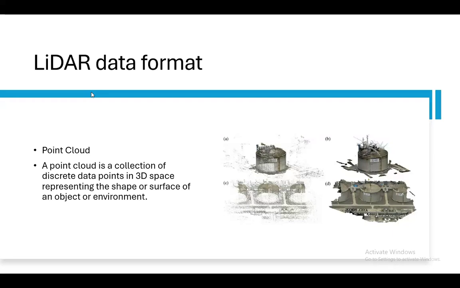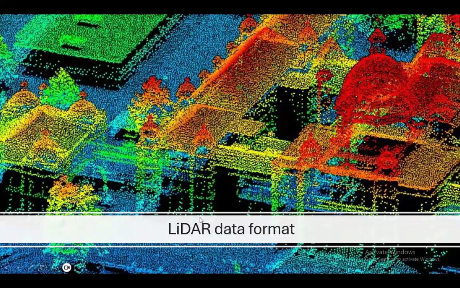A point cloud is a collection of discrete data points in 3D space, representing the shape of the surface of an object or environment. Sometimes the points are very sparse, which is called a sparse point cloud, and if the points are densely distributed, it is called a dense cloud. And remember, this point cloud concept is also useful in photogrammetry, which also uses point clouds, the same type of data.